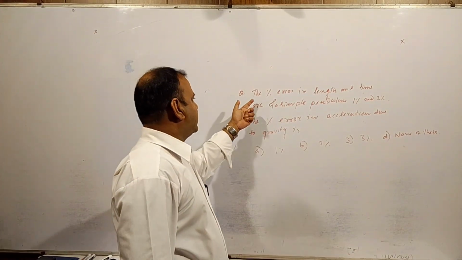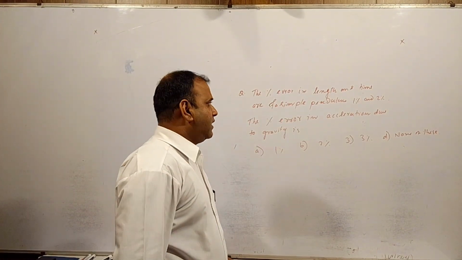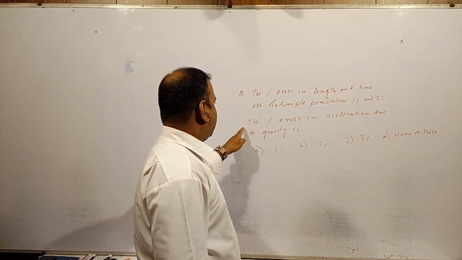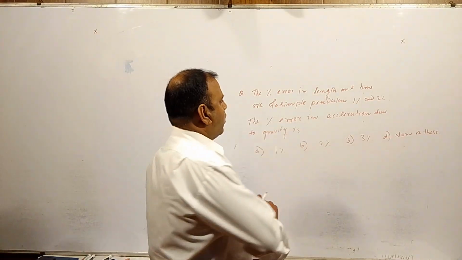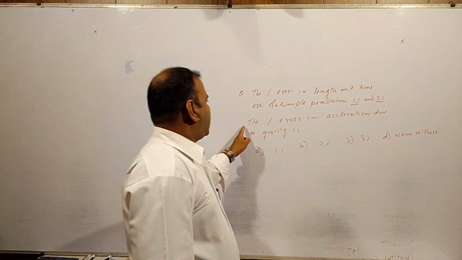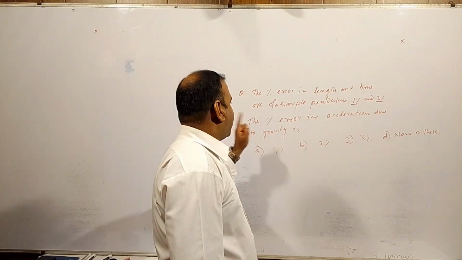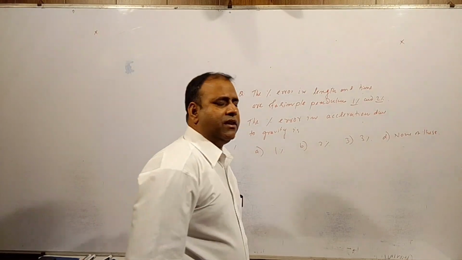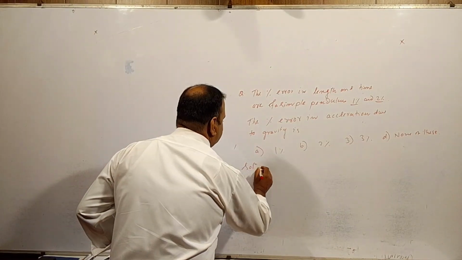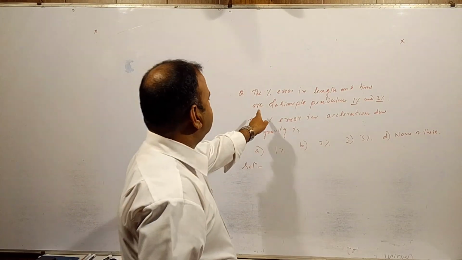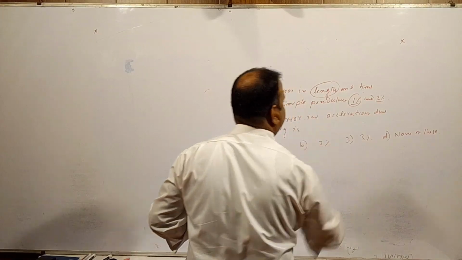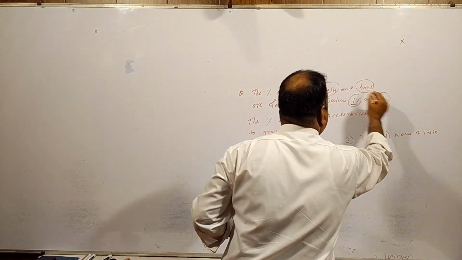Simple questions I am going to discuss here. The percentage errors in length and time of a simple pendulum are given as 1% and 2%. What is the percentage error in acceleration due to gravity? Now see, this is the question. So how we can solve it? Here the percentage in length is given as 1%, and time is given as 2%.